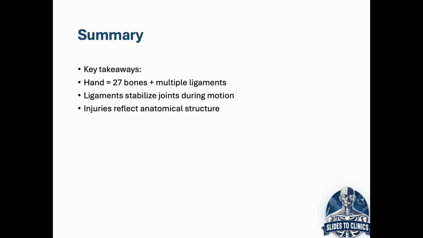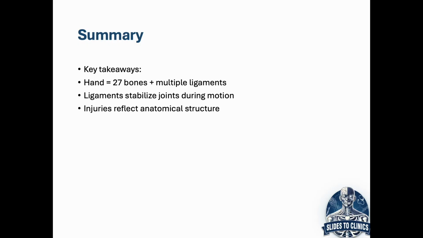We looked at the boxer's fracture because walls don't lose fights, and then the Bennett and the Rolando fractures, which are thumb injuries that could mess up your grip. And don't forget, we also talked about some ligamentous injuries, like the skier's thumb or the gamekeeper's thumb.